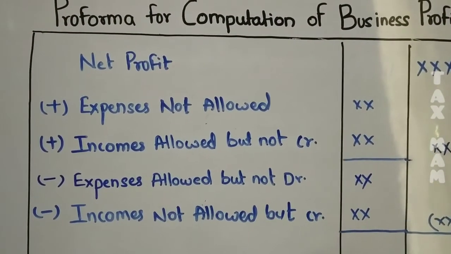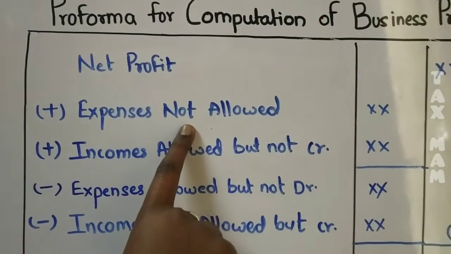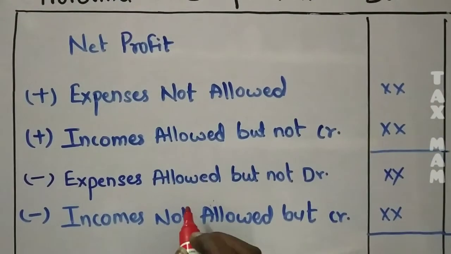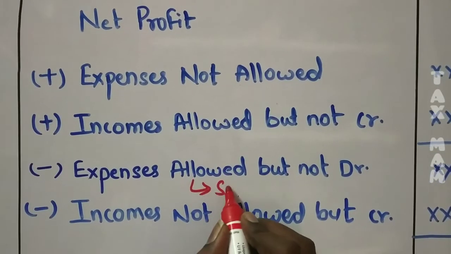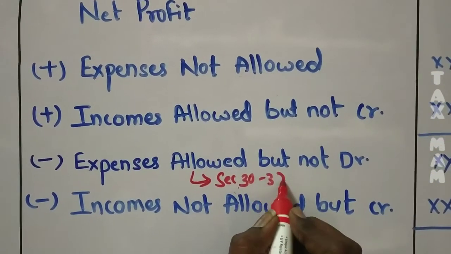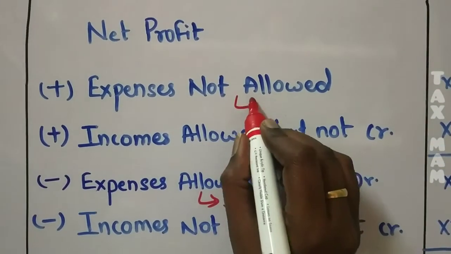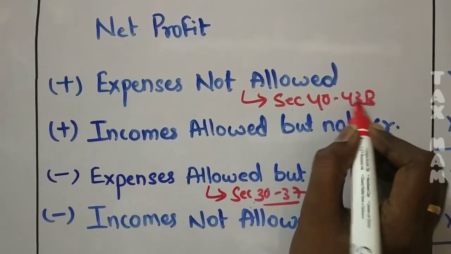I will discuss these topics one by one. Sections 40 to 43B talk about expenses which are not allowed. Let me discuss these things.